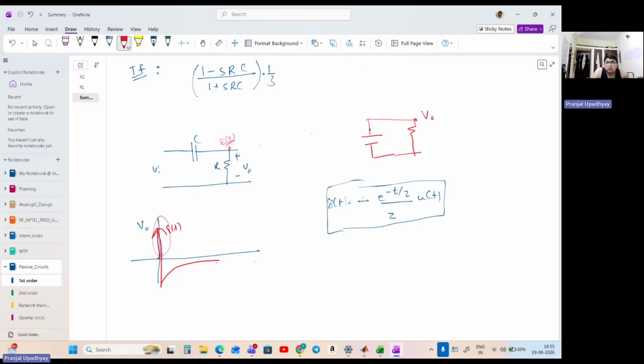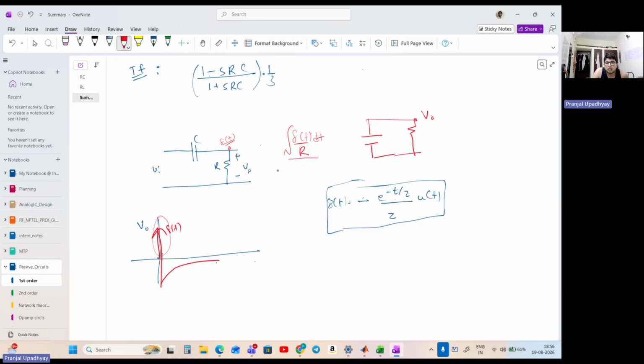Now, what we must understand is that since an impulse voltage appeared across the resistor, this implies that the current that flowed through the circuit was an impulse divided by R, and this current actually flowed through the capacitor. Because of this current flowing, some charge accumulated in the capacitor. The integral of this current will give us the charge that the capacitor accumulated.